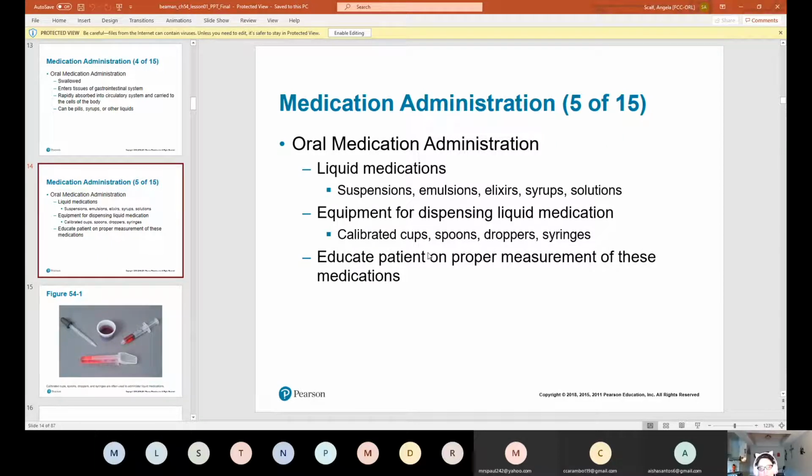But when we pick up our device that we're going to use to measure the oral medication, it is vital that you've checked that medicine 3 times, even something as simple as acetaminophen, Tylenol. A baby comes in with a high fever, the doctor says we're going to give them some Tylenol.